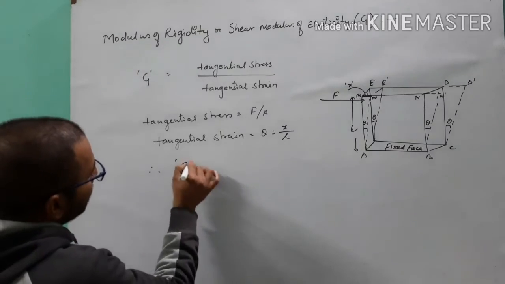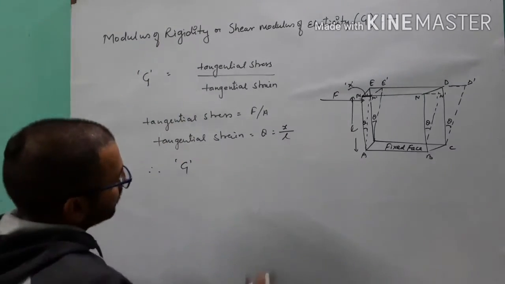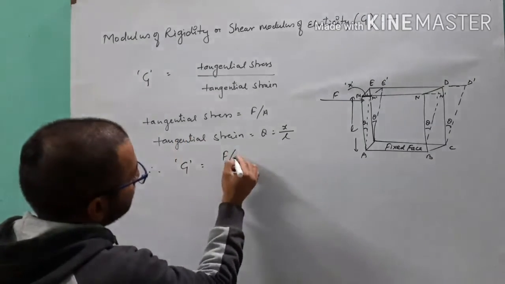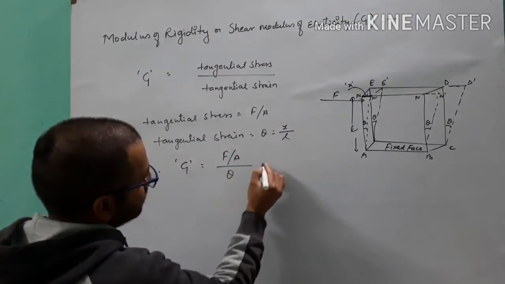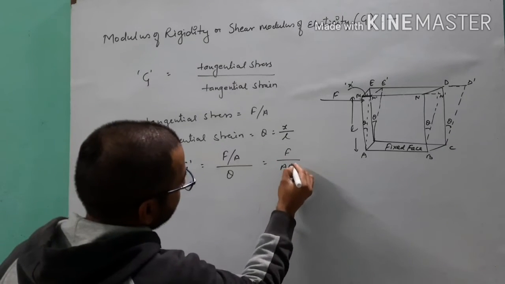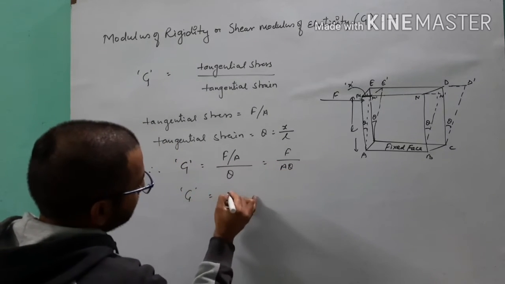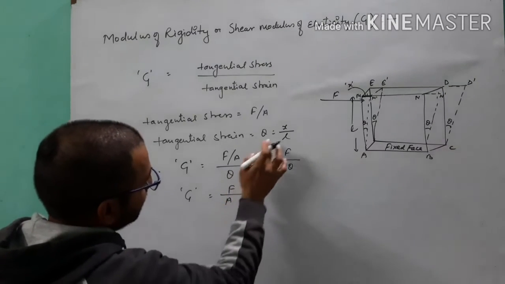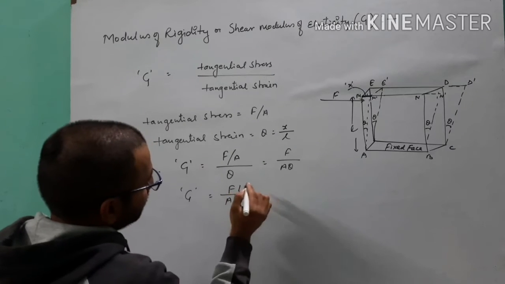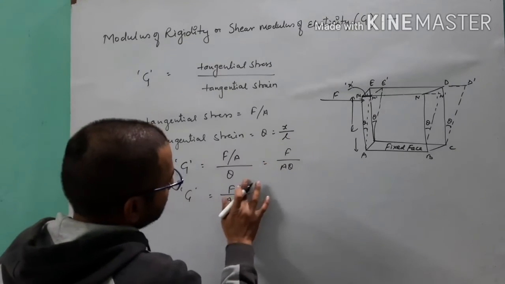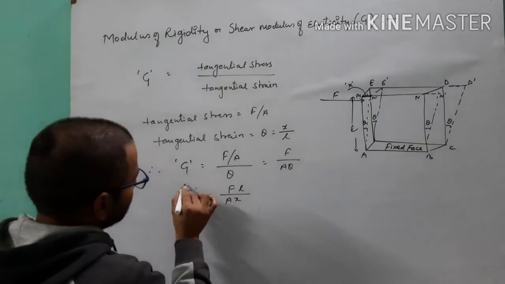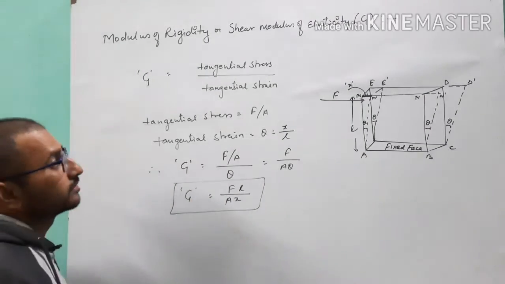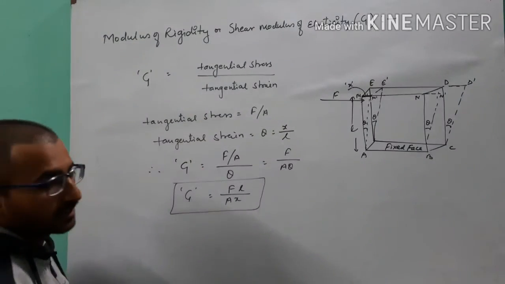Therefore G, which is the modulus of rigidity, can be written as tangential stress over tangential strain, F over A theta, or in place of theta I can write x over L. Point clear? Here L is small. This is the value of modulus of rigidity.